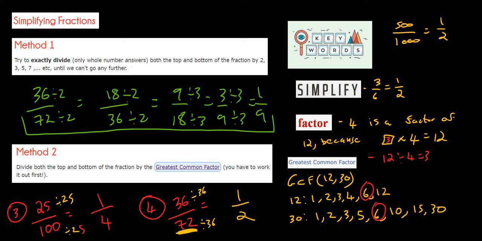The question was, how do we use method 1 working to find the greatest common factor of 36 and 72? We can simply multiply together the divisors. 2 twos are 4, 3 times 4 is 12, and 3 times 12 is 36. Exactly what we divided by here.